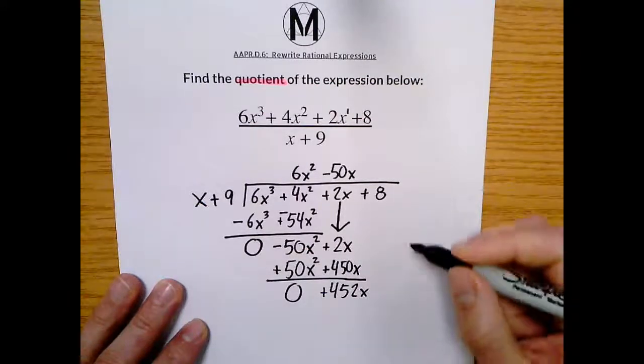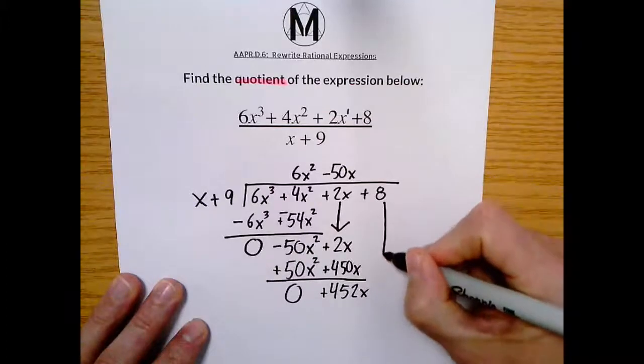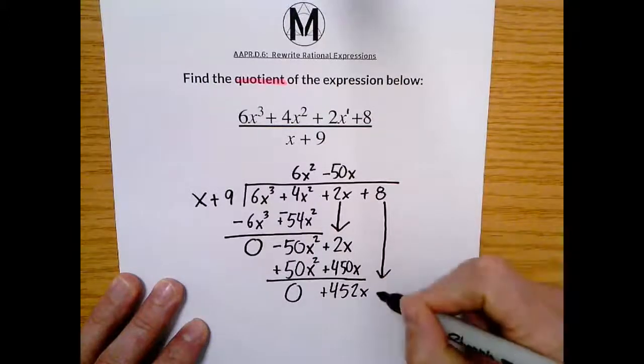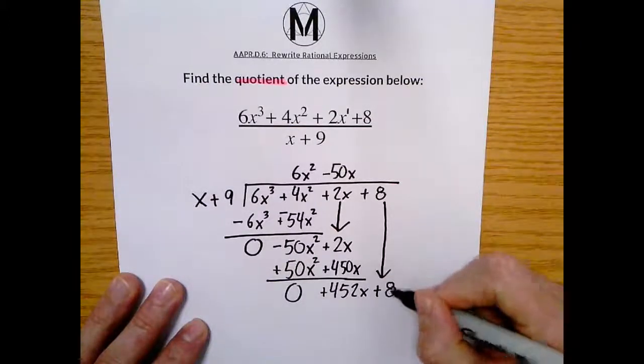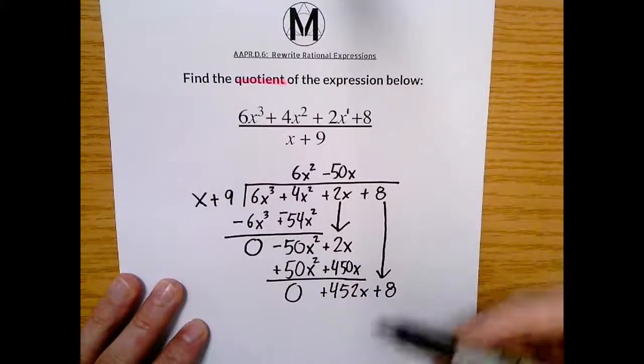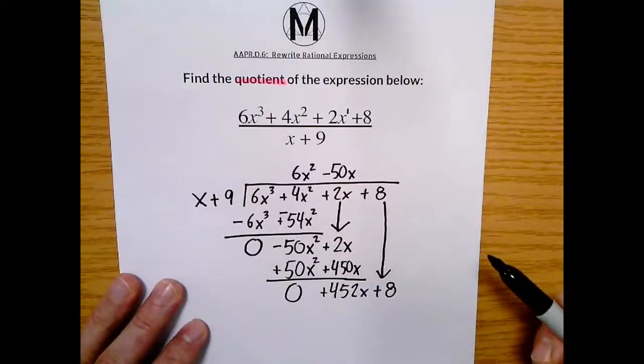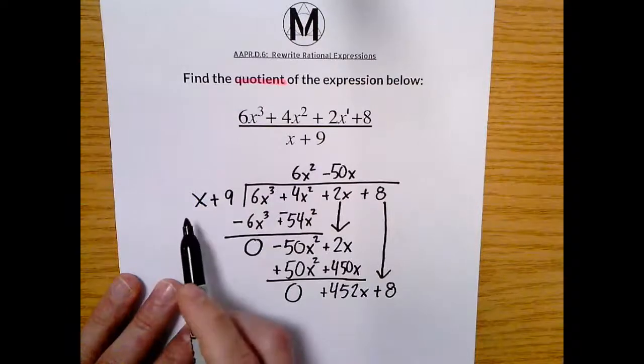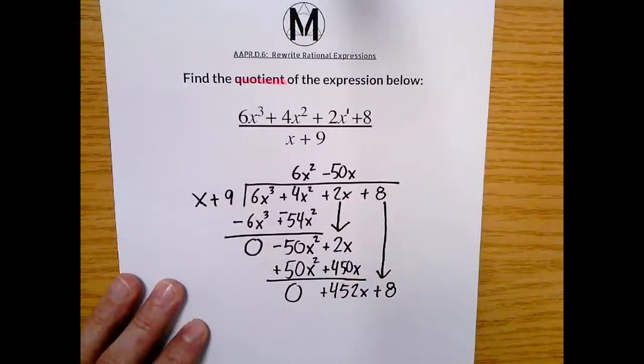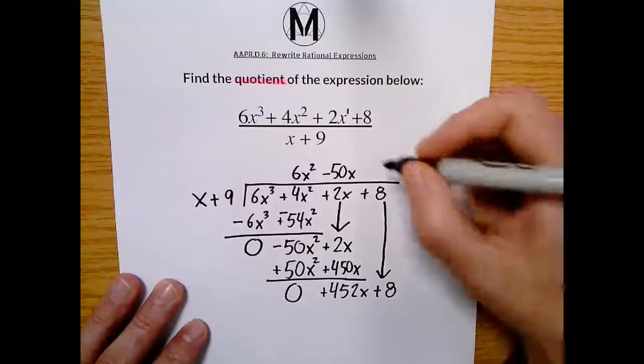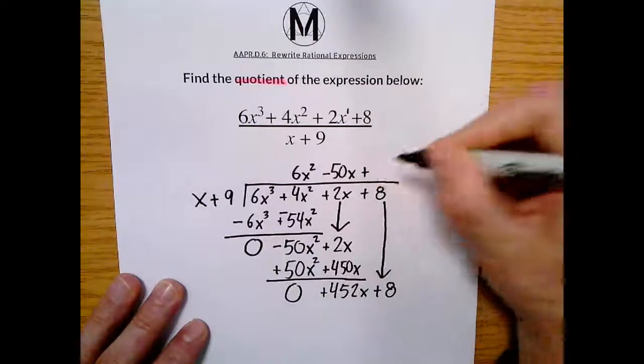And then we just bring it down. Again, now we just repeat the process. We ask the question, what does x have to multiply by to become 452x? Well, that's pretty straightforward. That's just 452.